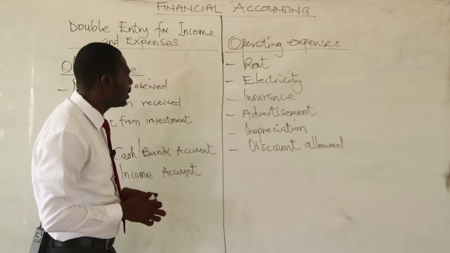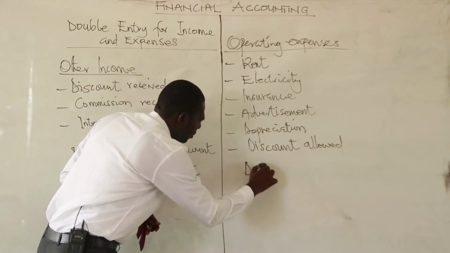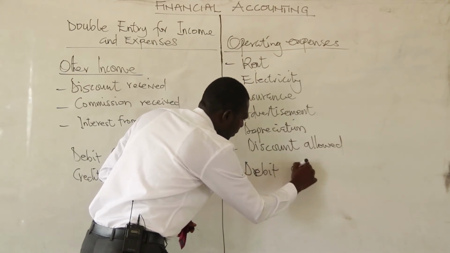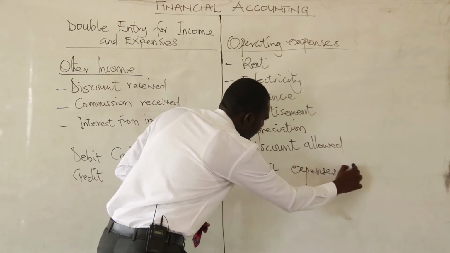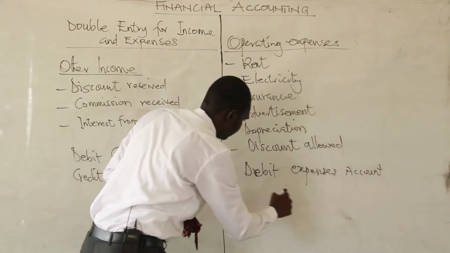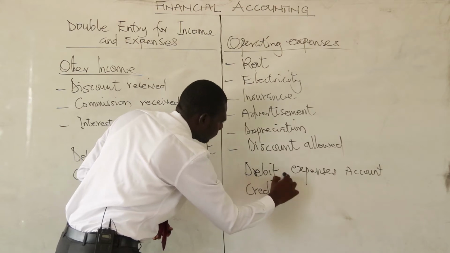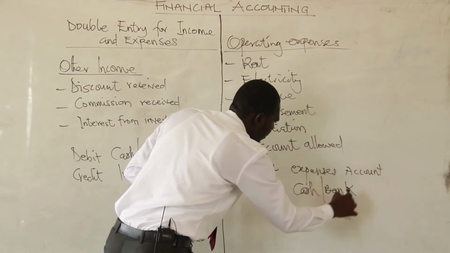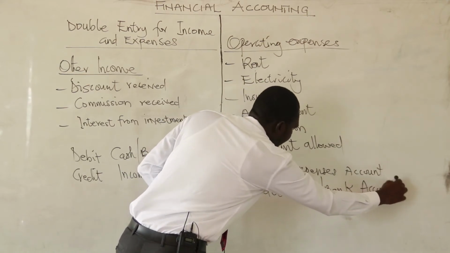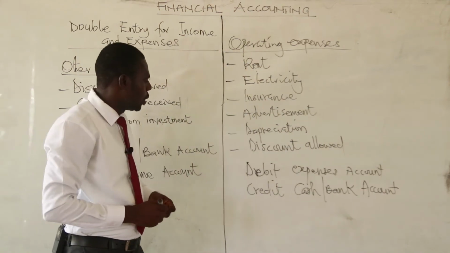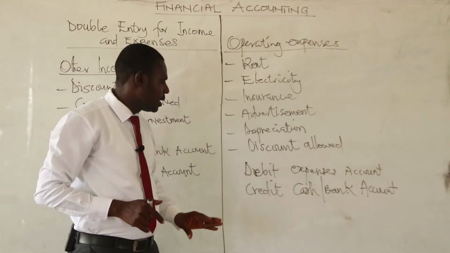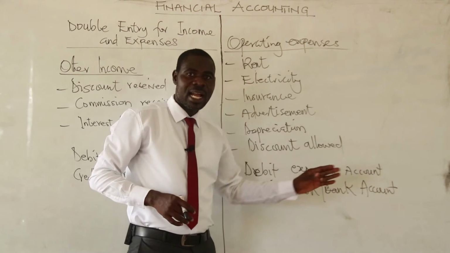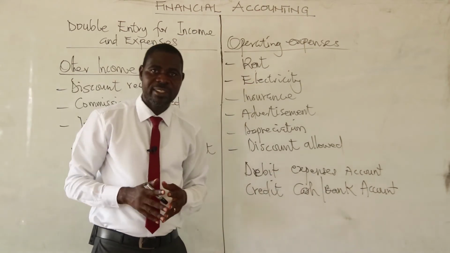So the double entry for this is: we debit the expenses account in the name of cash or bank, and we credit the cash or the bank account in the name of expenses.